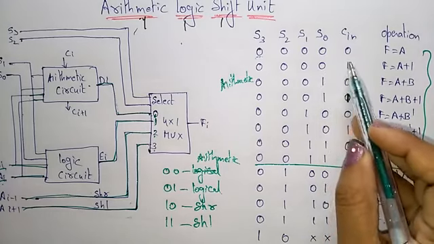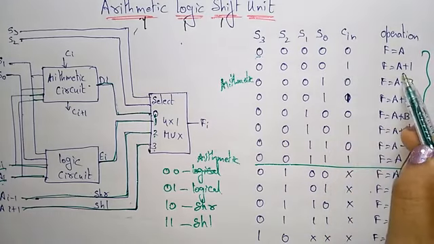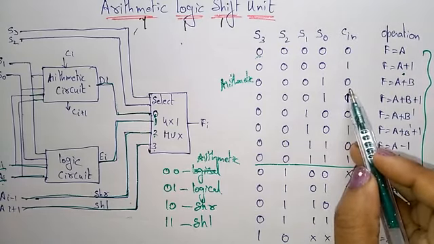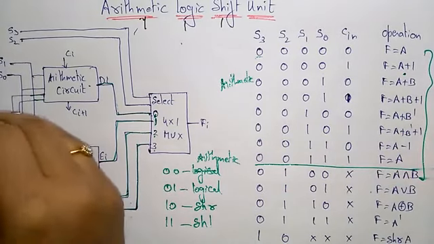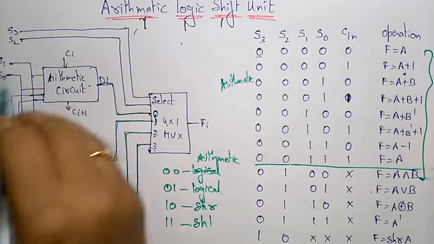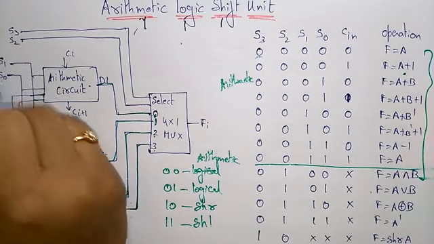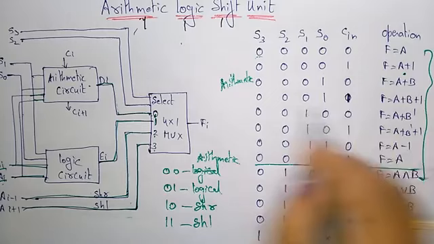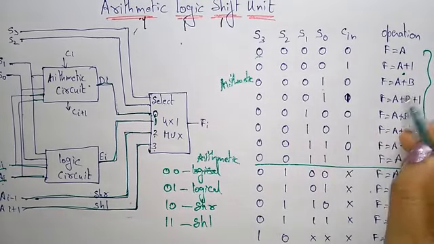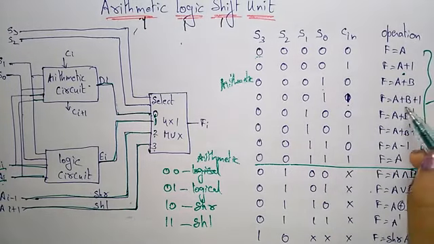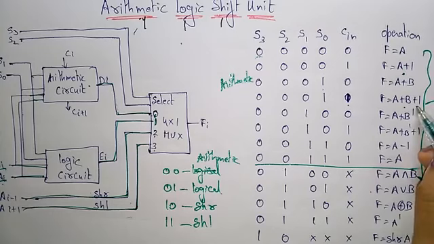If it is 0, 1, and you get the carry, then you add the carry to that register. If S0 is 1, it is performing A plus B, and if the carry occurs, it performs A plus B plus 1, where 1 is the carry.